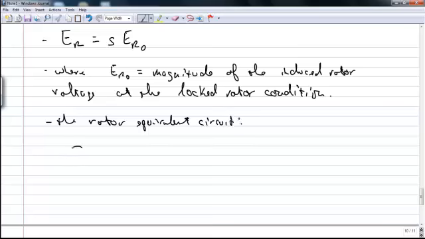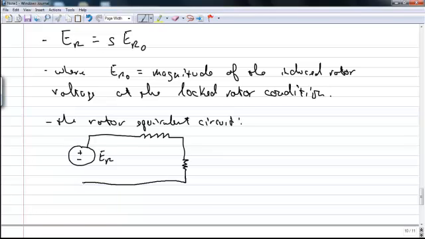We have a voltage, E sub r, and then we have an inductor and a resistor. This is jX sub r, and this is R sub r, and we'll have a current I sub r that flows in the circuit.